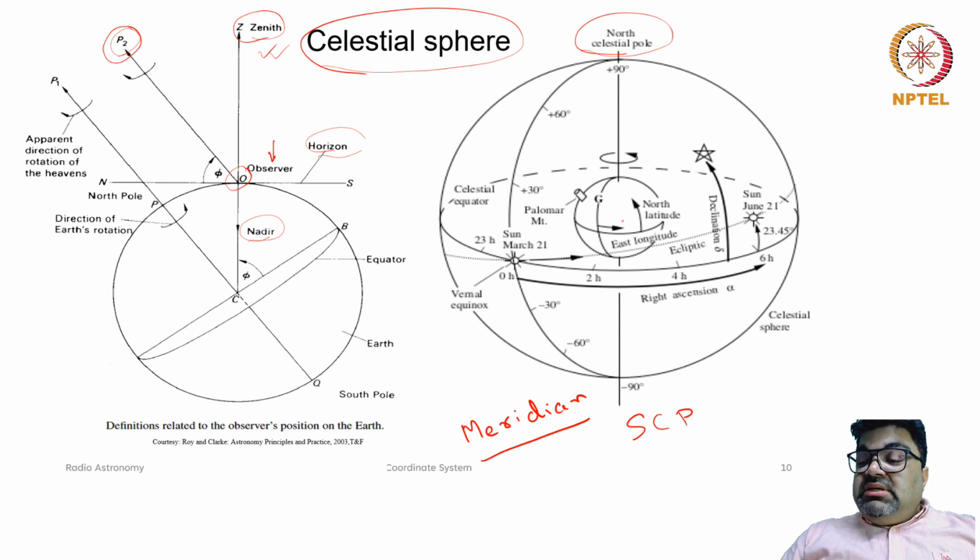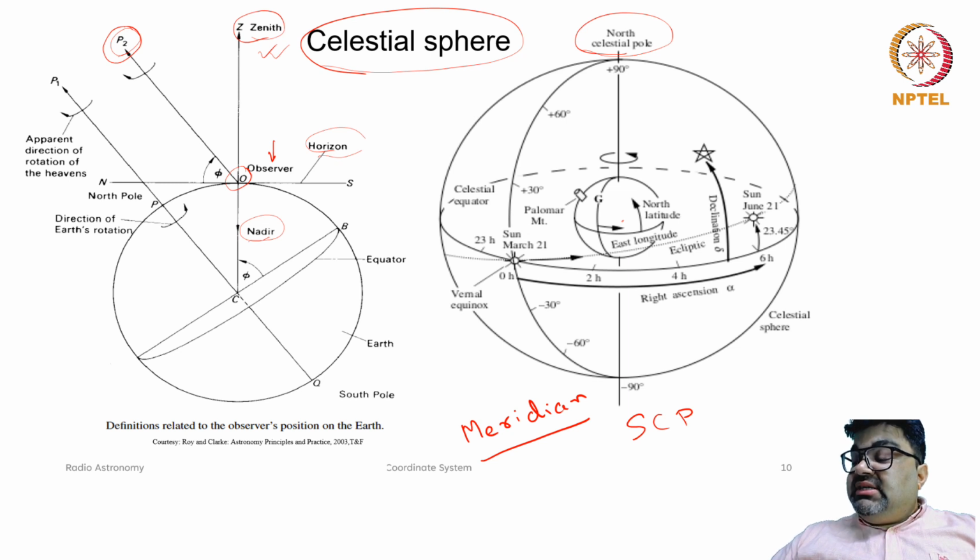So now if you define the celestial sphere, a bigger sphere drawn on top of the earth, keeping the center of the earth as the center of the celestial sphere, and you draw the celestial equator, it contains the sun's path around, and the northern pole and the southern pole by itself.